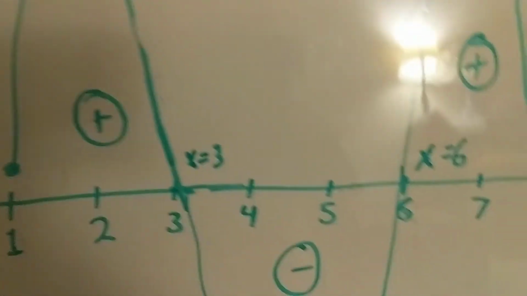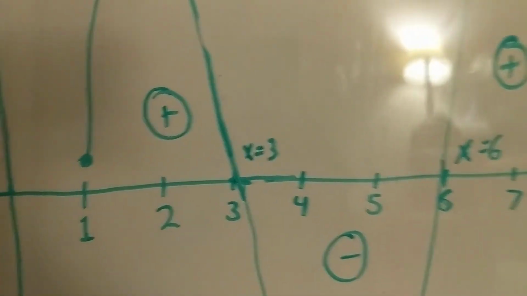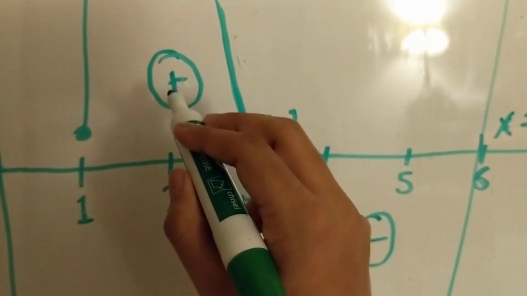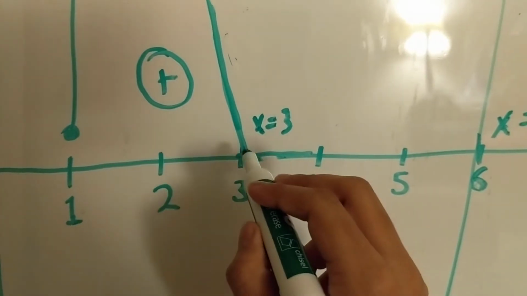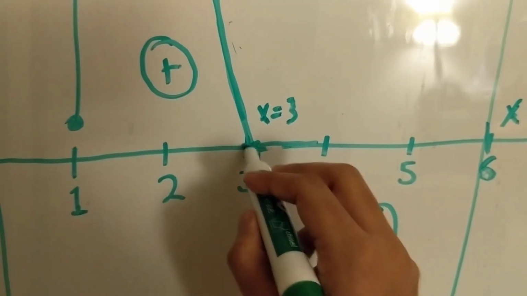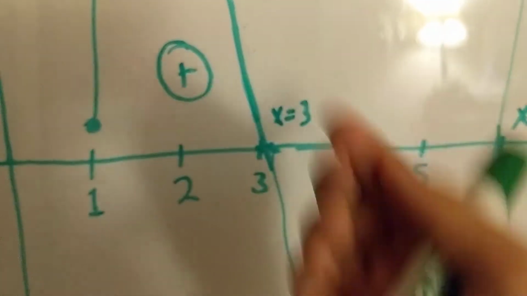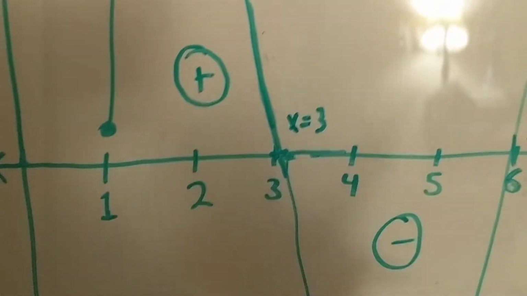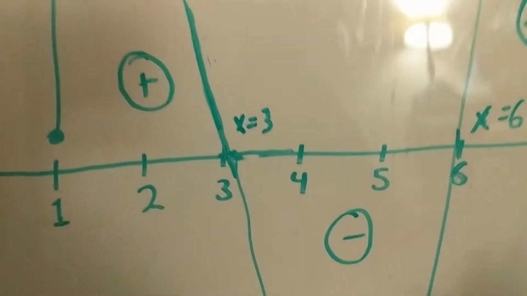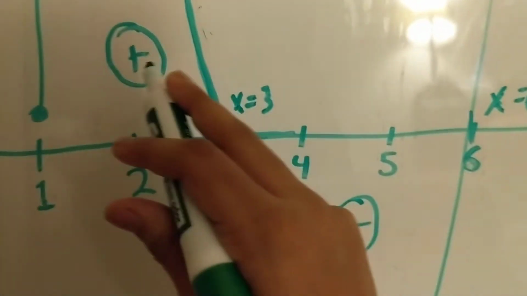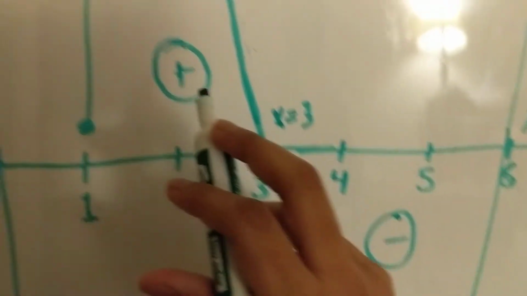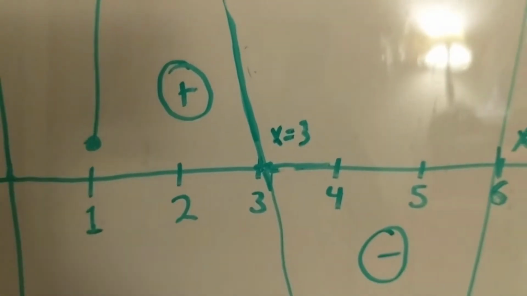Sign chart doesn't tell you much right off the bat, but it can tell you a few things. So, we're going to check that this goes from positive to negative, and as we said, this is called a critical point. Critical usually means it's changing, or it's 0, or something's going on there. That's what a critical point means. So at the point right here, the derivative goes from positive to negative.